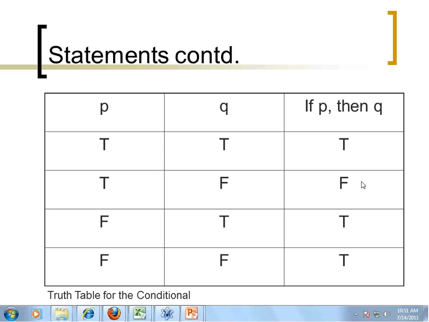Right, Ruth? Good. Now, the second one, if P, then Q, it will automatically take the Q again. Okay? Right. The third one, if P, then Q, it will take the Q again.